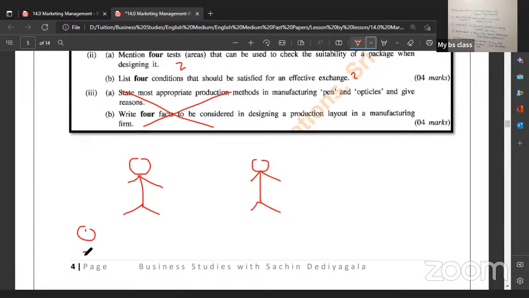And to do an exchange, both of them can't have nothing, can they? Let's say A has a carrot and B has a cos. Right? Something to offer. So that has to be there. The second one, there should be something to offer.